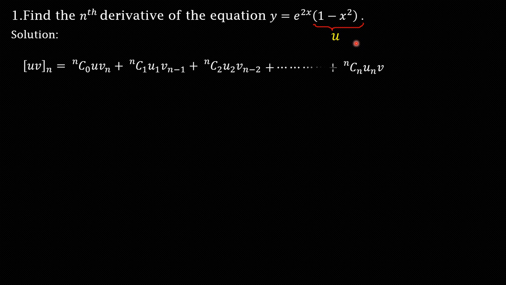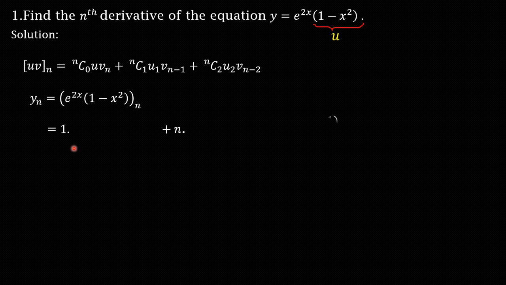So it is enough if I just consider the first three terms of the expansion, so that the nth order derivative of the product of the two functions e to the power 2x into 1 minus x square is, let me just write the constant coefficients. nC0 is 1, nC1 is n, and nC2 is n into n minus 1 by 2 factorial.